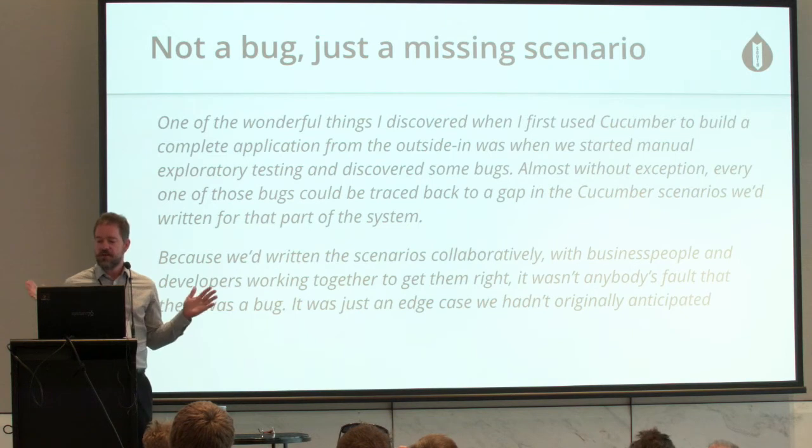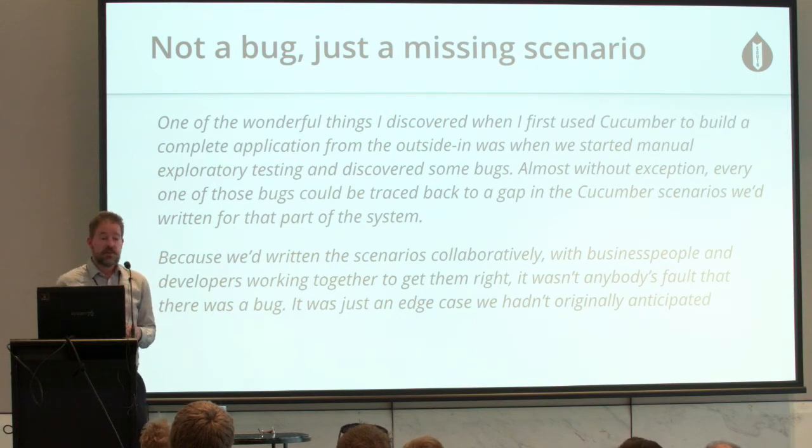As it says here, almost without exception, every one of those bugs could be traced back to a gap in the Cucumber scenarios we'd written for that part of the system. And because we wrote those scenarios with business people, it was clear that wasn't anybody's fault. There was a bug, but an edge case, something we had not anticipated at that time, and we had to make it clear to the business why there is a bit of a delay. There's something we hadn't thought about before.